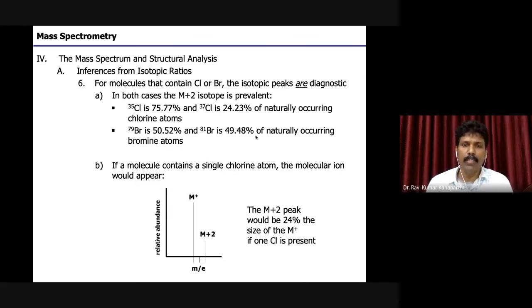Whenever you come across a 1:3 ratio of the M+2 peak and the molecular ion peak, then you can always conclude that there will be a chlorine. Similarly, if you see almost equal intensity of the M+ ion peak and the M+2 ion peak, then there is a high probability that bromine is present. Why? Because of this reason.